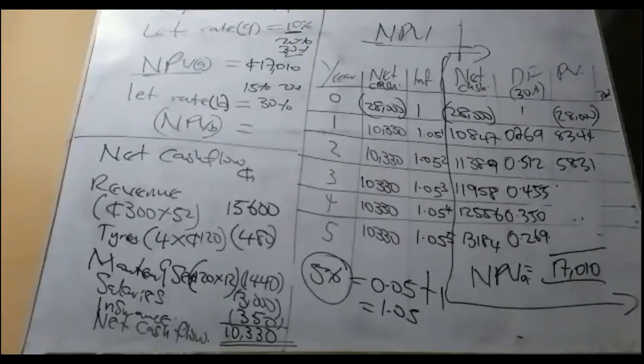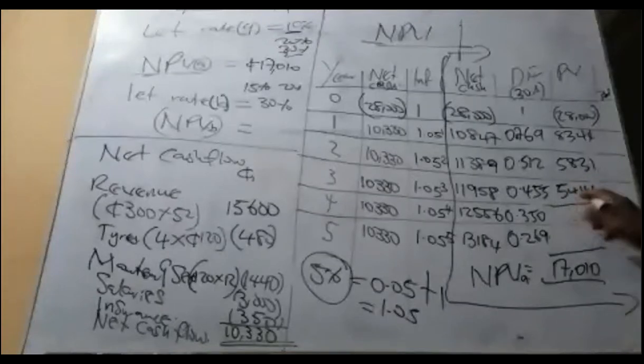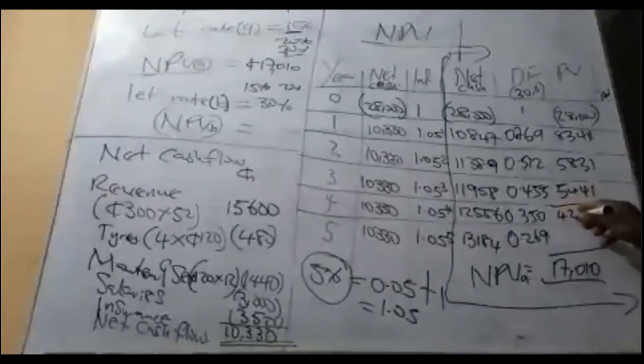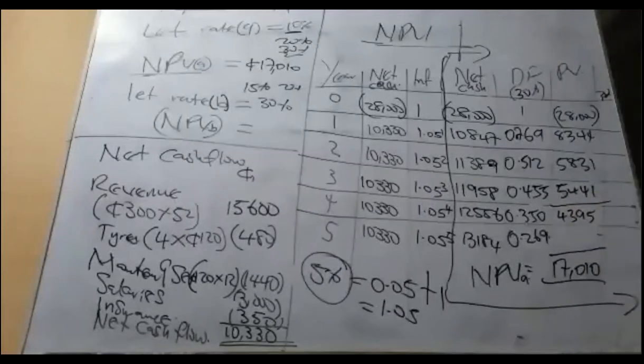Then 0.455 times 11958 gives us 5441. Then we get 13,556 times 0.350, which gives us 4395.